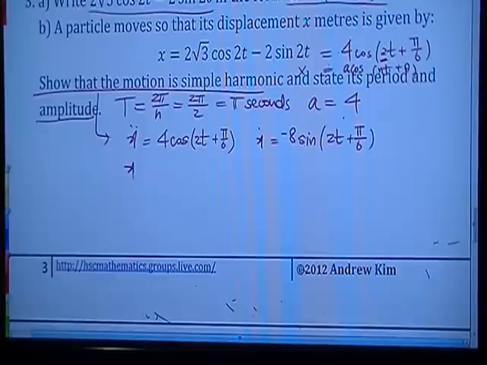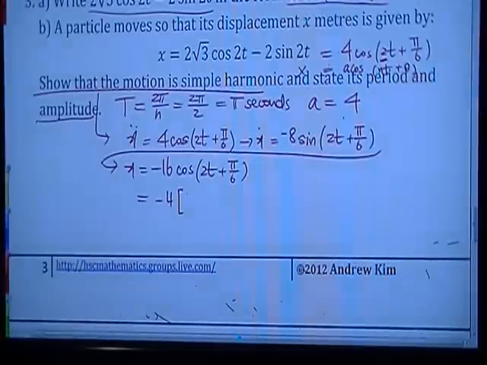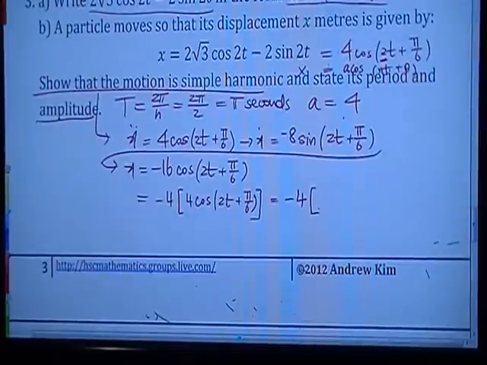And then differentiate that, you get minus 16 cos again of 2t plus pi on 6. Which equals minus 4 times 4 cos of 2t plus pi on 6. Just doing that for you guys so you can see where I'm coming from. That equals minus 4 x.